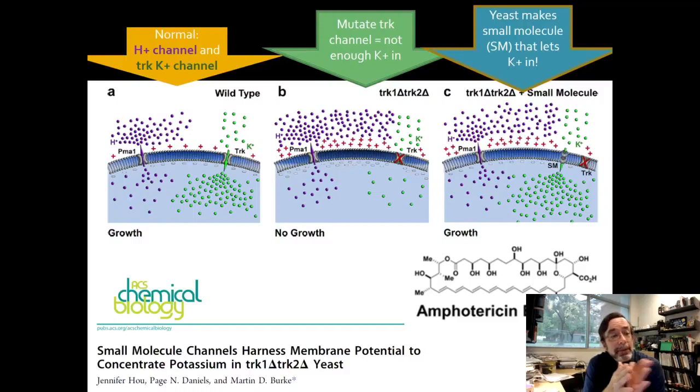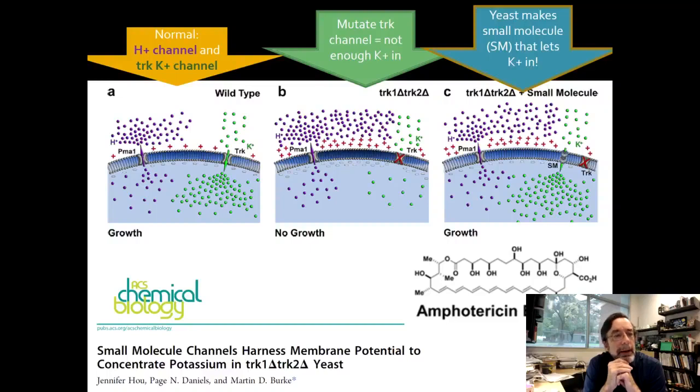They showed how it worked with this figure, which I kind of like, even though it's a little complex. They have the normal situation on the left side, where you have the purple protons and the green potassiums. Under the normal situation, the protons are pumped out, the potassium flows in, and that's just normal growth.